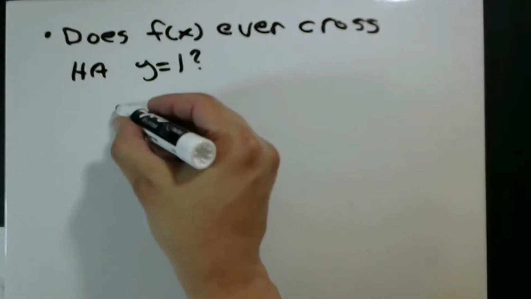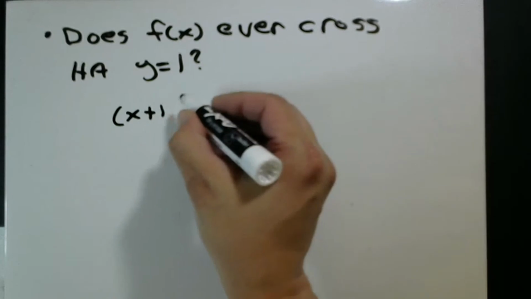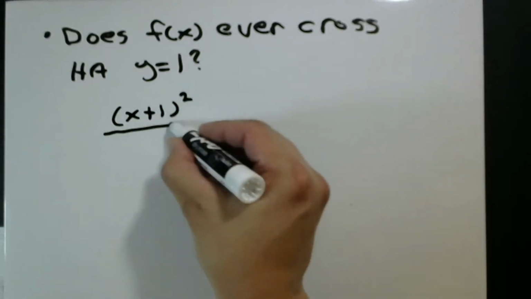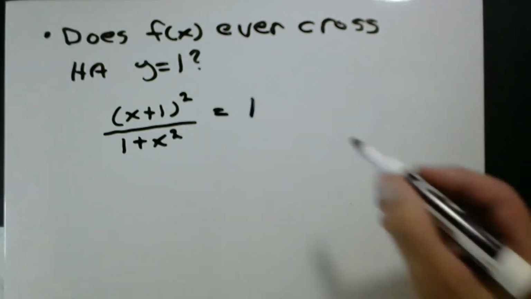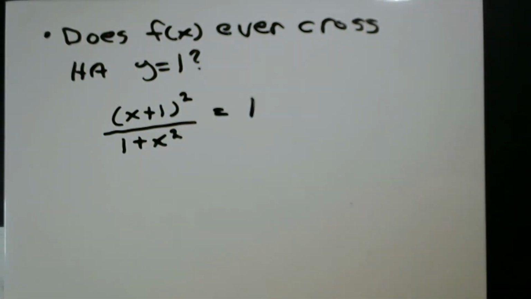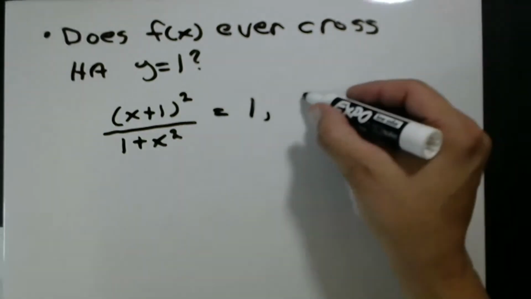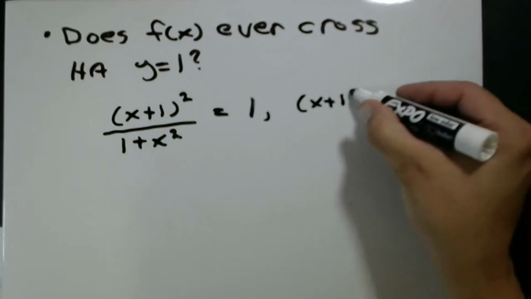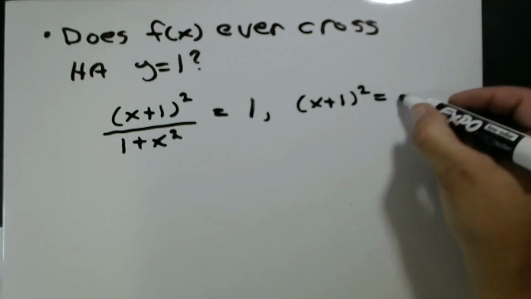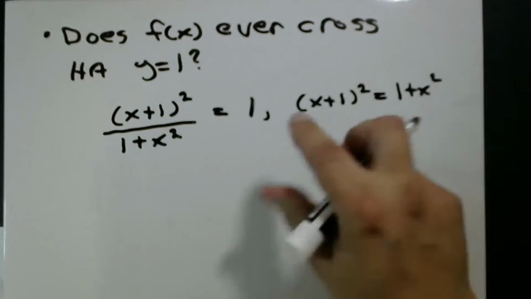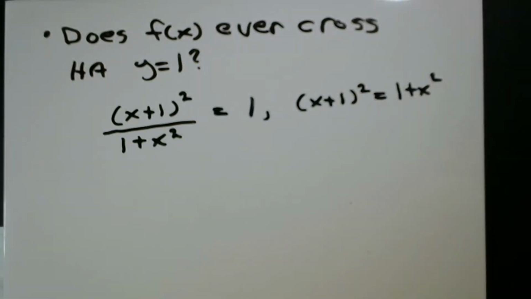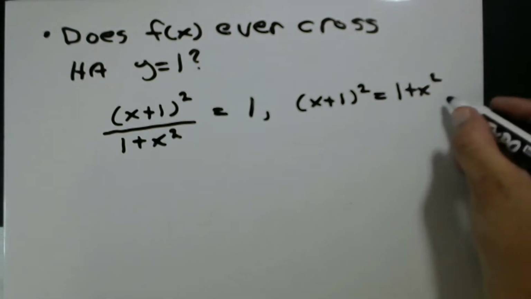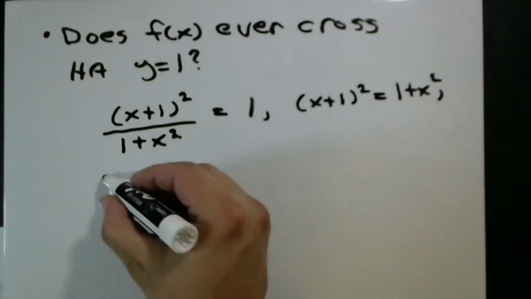So to find out where that is, we take our function f of x, and we set it equal to that horizontal asymptote. So multiply both sides by 1 plus x squared. One times 1 plus x squared is just 1 plus x squared. And then if you want, you could expand this.